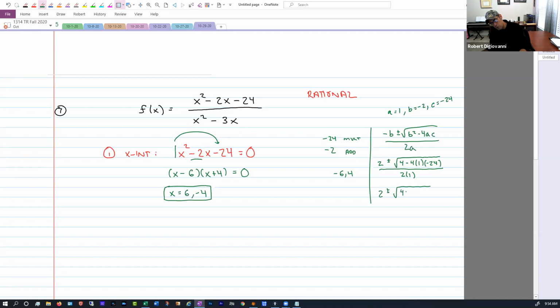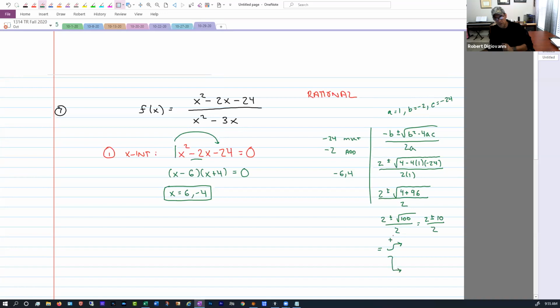So it becomes 4 plus, and now you just multiply these numbers together. So what do you get there? 96, so plus 96 all over 2. So 2 plus or minus square root of 4 plus 96 is 100 over 2. I know I'm working fast, okay? Square root of 100 is 10 over 2. So now this is where you have 2 different answers.